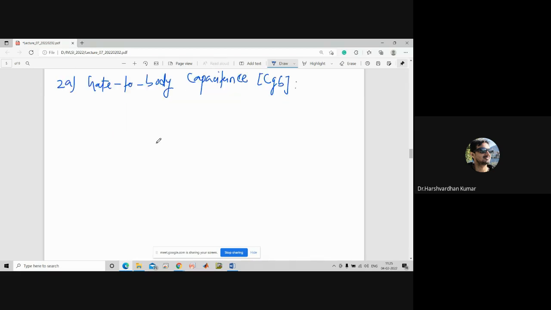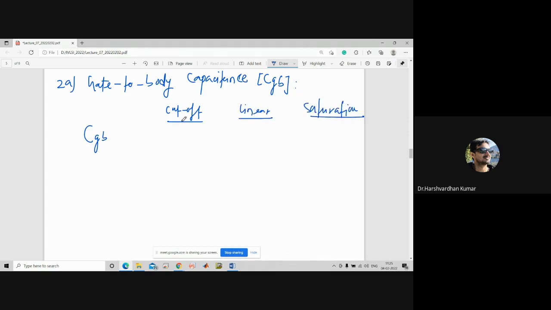We are interested in finding the gate to body capacitance under three categories, so the conditions will be cutoff, linear, and saturation.